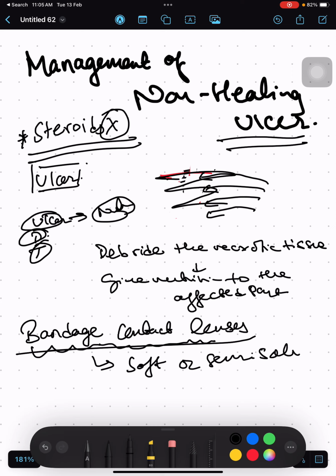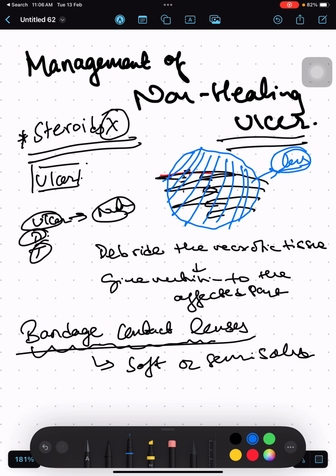Suppose this is your cornea, which is ulcerated, and this is your lens. Whenever we use these lenses, there is high water transmissibility into the cornea, because of which there is healing.